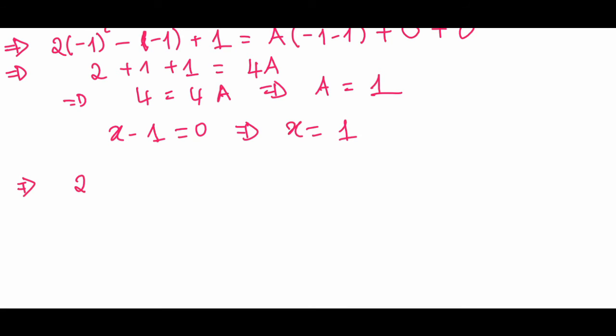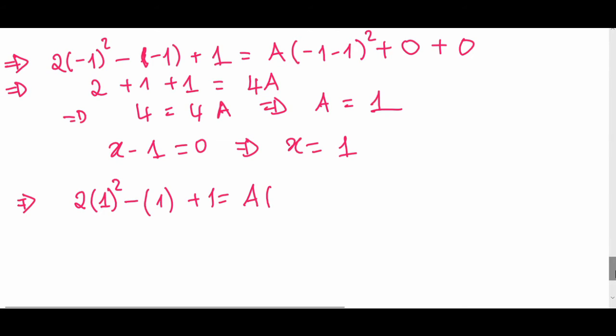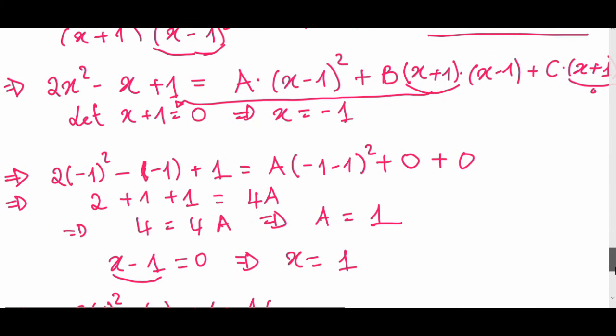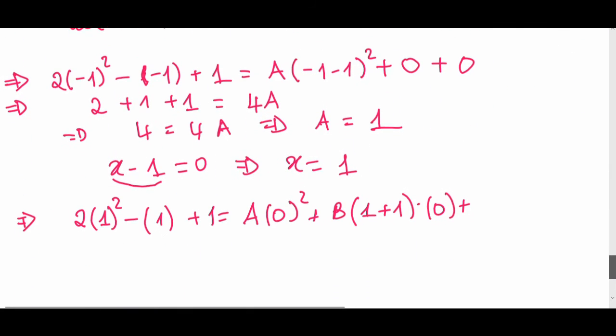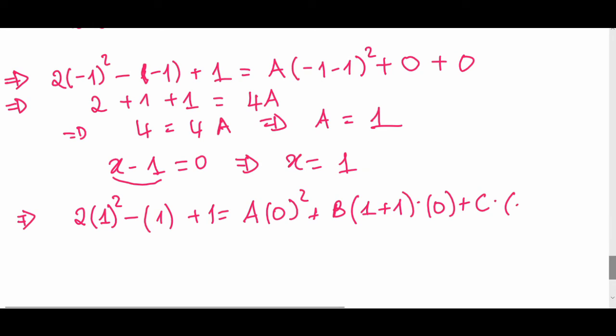So I will obtain 2(1)² - 1 + 1 is equal to a(...), but since I set x - 1 to be 0, and I have a times (x - 1)², here it will be 0 squared, plus b(1 + 1) times 0, plus c times (1 + 1).